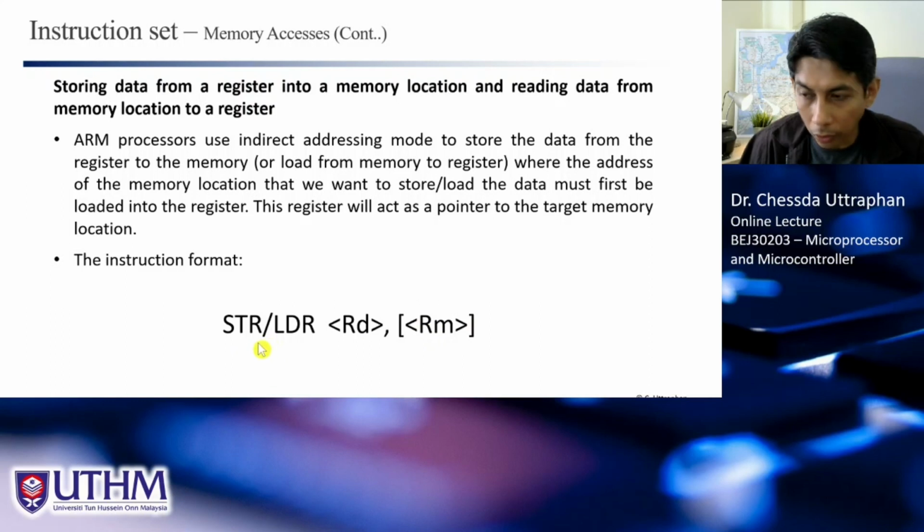But for the store instruction, this is the source and this is the destination, and the destination is in brackets like this, where the address of the memory that you want to access is inside this register. For load, this is the source, this is the destination, and this is LDR for load.